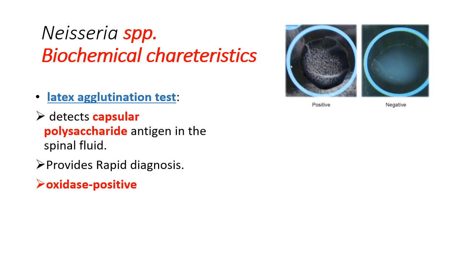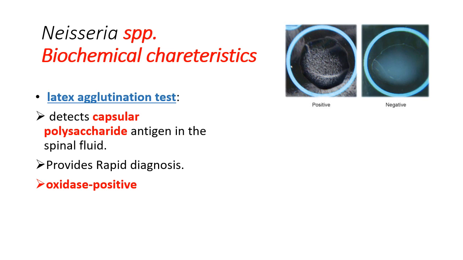So agglutination, as you can see from this picture, basically means when you add the antibody to the antigen, there will be a reaction, and this reaction will cause agglutination, which is similar to a clumping reaction. And you can see in the picture the difference between a positive and a negative. So in the negative, you have very smooth, homogeneous liquid, but when the test is positive, it's actually causing a reaction that is shown in the clumping.